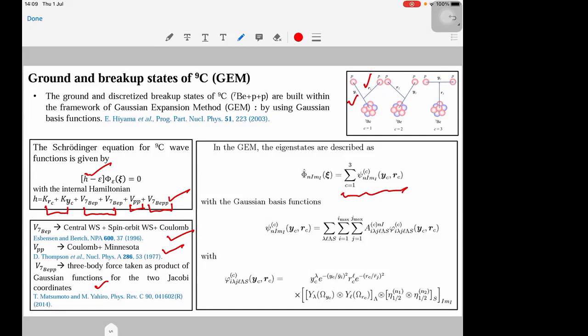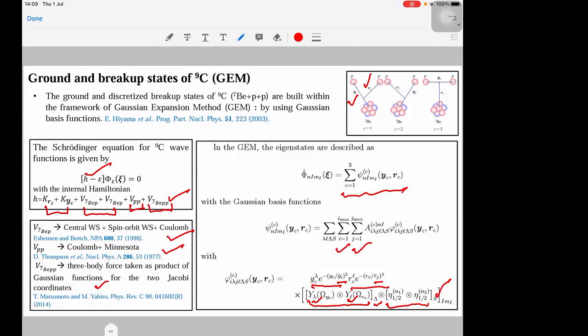The Gaussian function consists of the spin part coupled to total spin S, and the angular part coupled to total angular momentum lambda. The small lambda and L are the angular momenta associated with the Jacobi coordinates. These are the radial Gaussian functions with range parameters, and this is the summation over the number of basis functions.